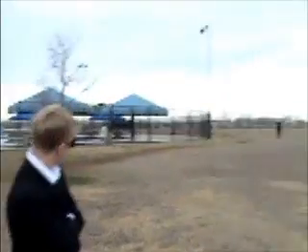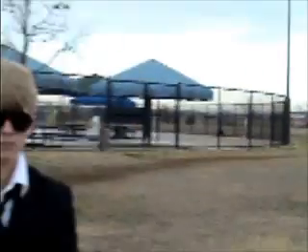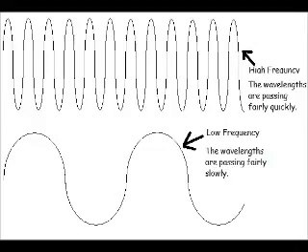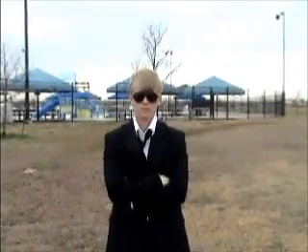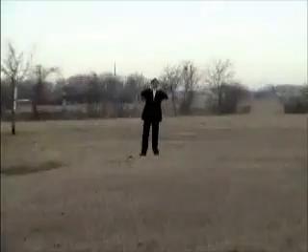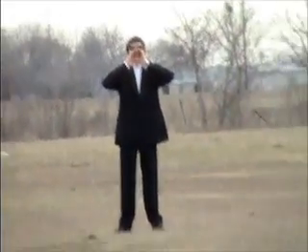Frequency is the amount of wavelengths that pass in a given interval. Period, which is inversely related to frequency, is the amount of time it takes for one wavelength to pass.